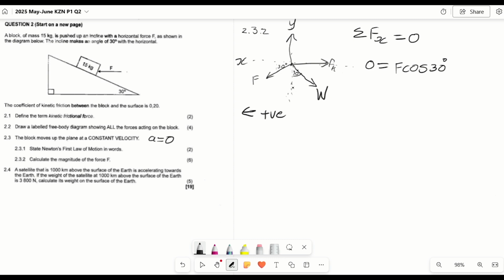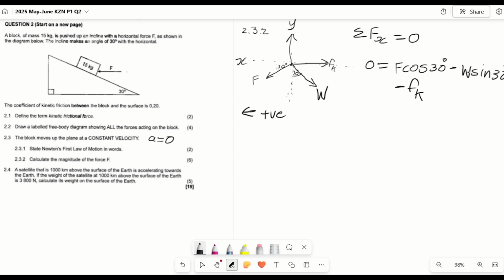So we're going to find the x component of weight. Here we'll use sine because it's opposite the angle. So minus W sine 30 degrees, and then subtract this component which is directly in the x-plane, so minus Fk.